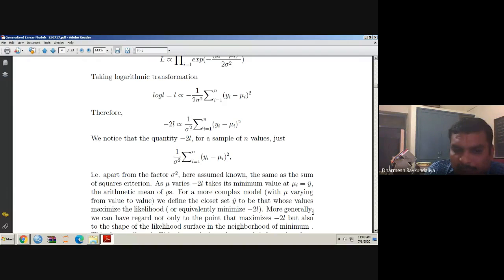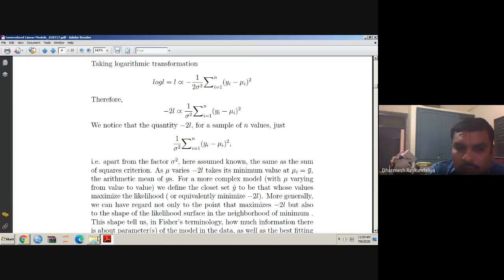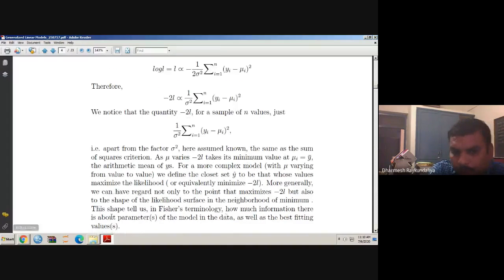More generally, we can regard not only the point that maximizes the likelihood, but also the shape of the likelihood surface in the neighborhood of the minimum. When we talk about the likelihood, it is talking about the information contained in the data, and that we wish to maximize. In the limiting case, you are trying to maximize the value in the neighborhood of the minimum.